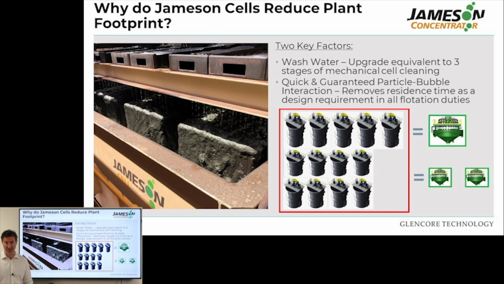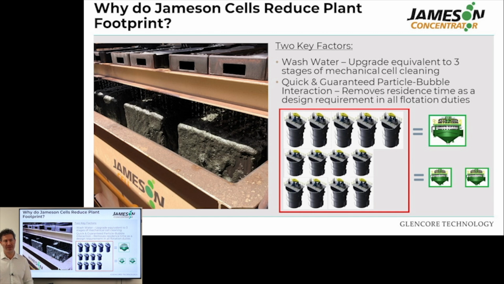Now, on the next slide, I'd like to highlight another interesting feature of the Jameson Cell, which is the wash water capability. When Jameson Cells use wash water, it washes the entrainment, the gangue, out of the concentrate and upgrades the concentrate grade. This upgrade is usually equivalent to three stages of mechanical cell cleaning.